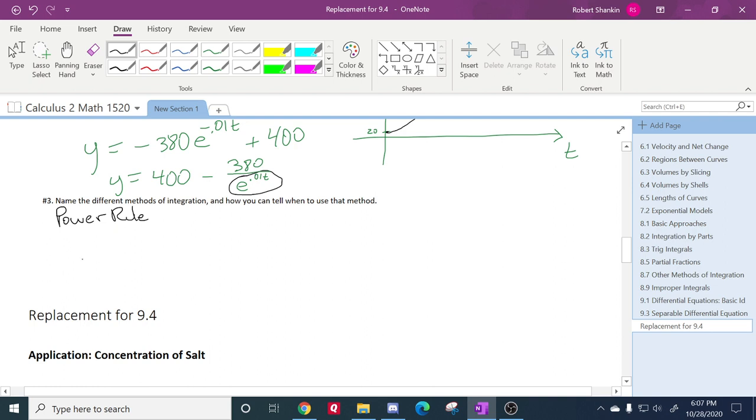Is this Matthew? Yes. Okay, you got any more? Then I had trig integration, like with the identities. Okay. What else? With a u substitution. Very good. By partial fractions. Okay, partial fraction decomposition.